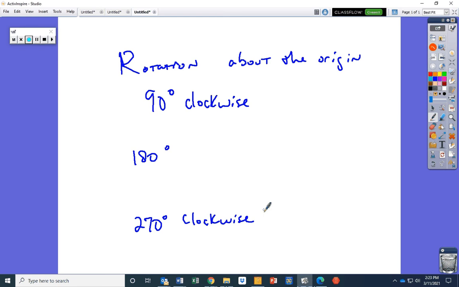If I have a point that's rotated 90 degrees clockwise, I have some rules. My rule for 90 degrees clockwise: I have a point that is (x, y).